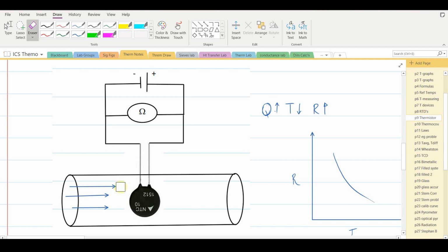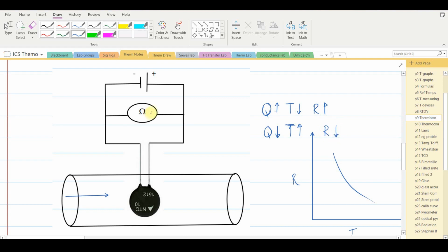What happens if we actually decrease the flow rate? Let's take away one of these arrows. If the flow rate was going to decrease, that would mean there'd be less cooling, so the temperature of the thermistor would increase. The temperature of the thermistor increases, what happens to the resistance? The resistance will decrease.